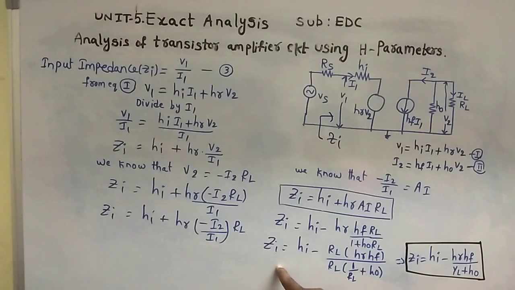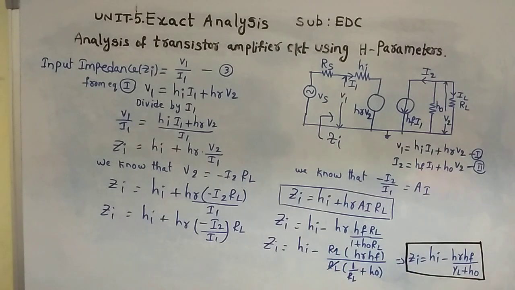Then Zi, input impedance, is equal to Hi minus, here I am taking RL common in the second term. Then HR HF by, if you take RL common, 1 by RL plus HO. Then RL gets cancelled.